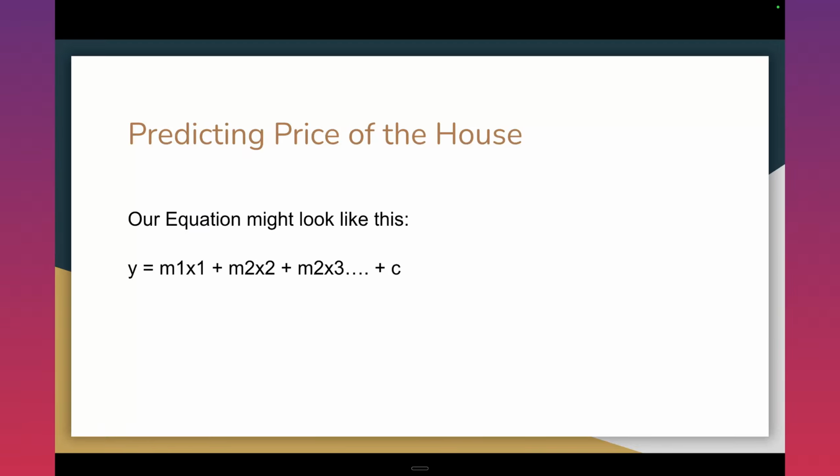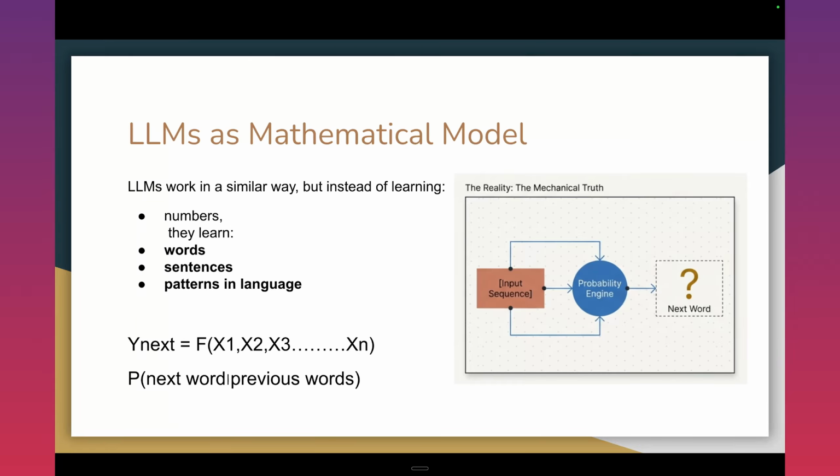Similarly, when it comes to LLMs, imagine the English language where we have a lot of nuances to capture, like its grammar, its vocabulary, and different patterns available in the language, or it can be any language. In order to capture all of those patterns in the data, we will require billions of such parameters.